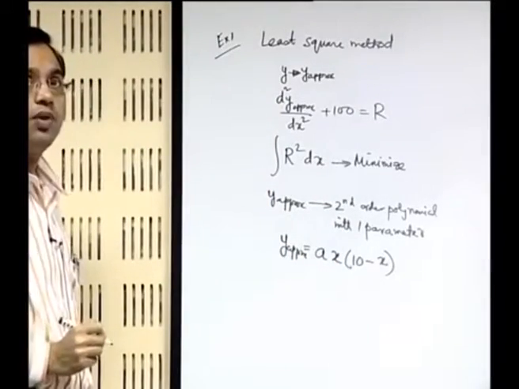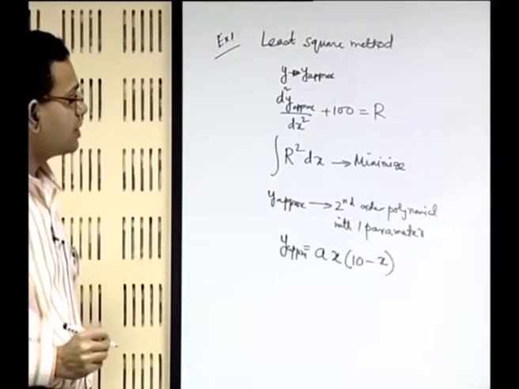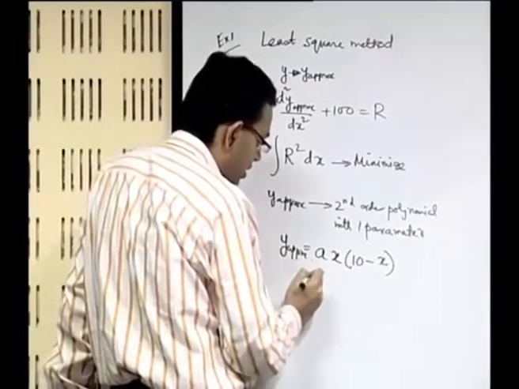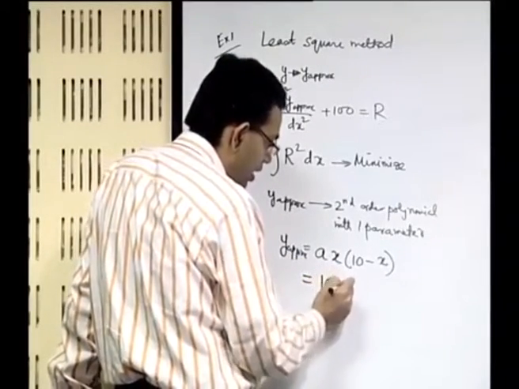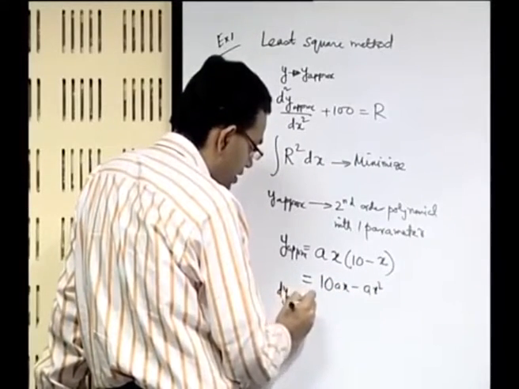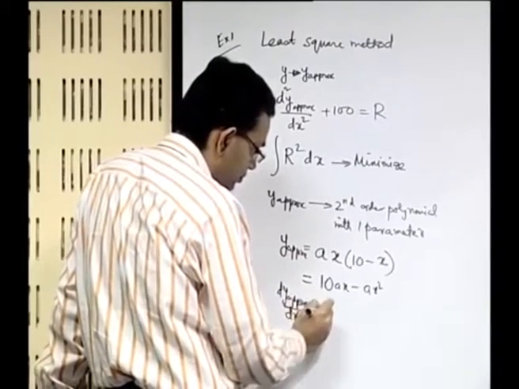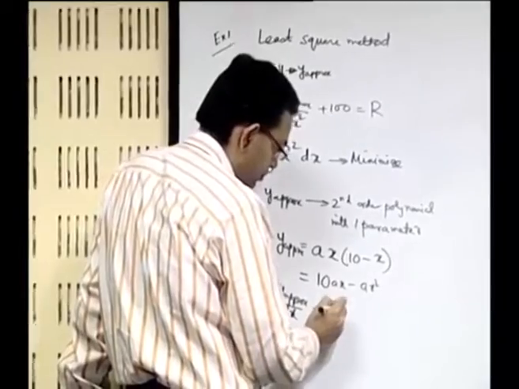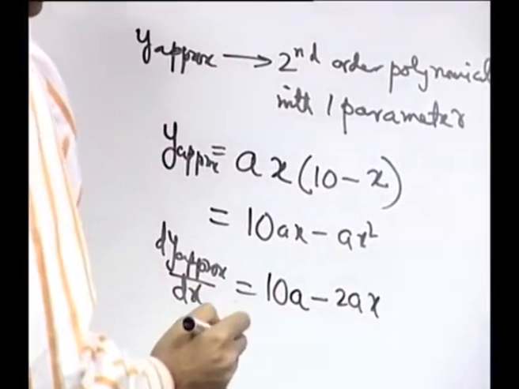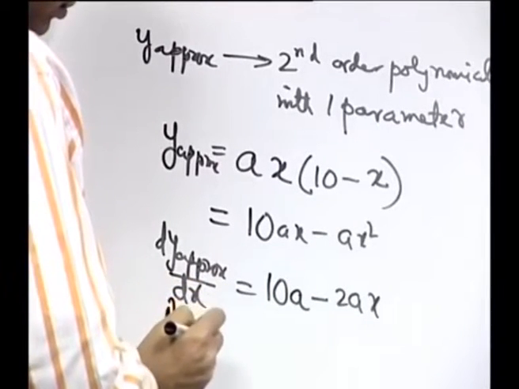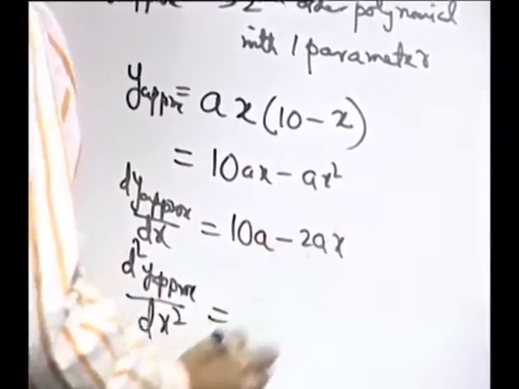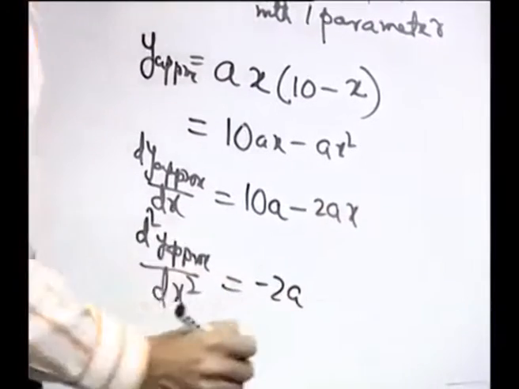So, once you have this y approximate, next is what is your r then. So, let us just open it up. 10ax minus ax square, dy approximate dx, the second order derivative minus 2a.